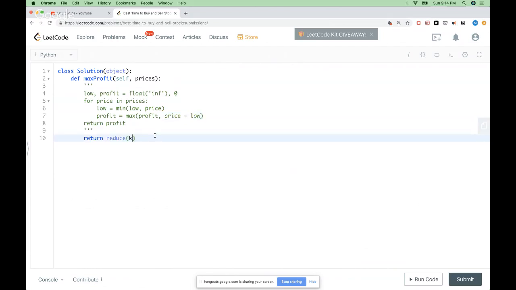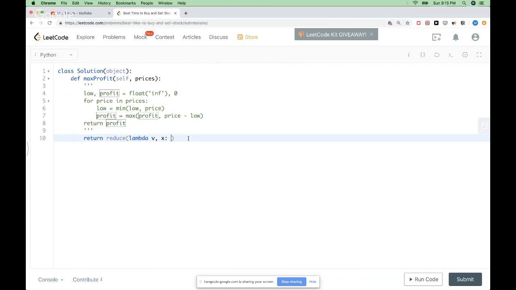So we could do lambda and have a value here. So this is the function that we will use to reduce. And what do we need to do? We want to do max. So we just need to replace these values. What is profit? I'm going to pass profit as just the value in. Let me first do this.